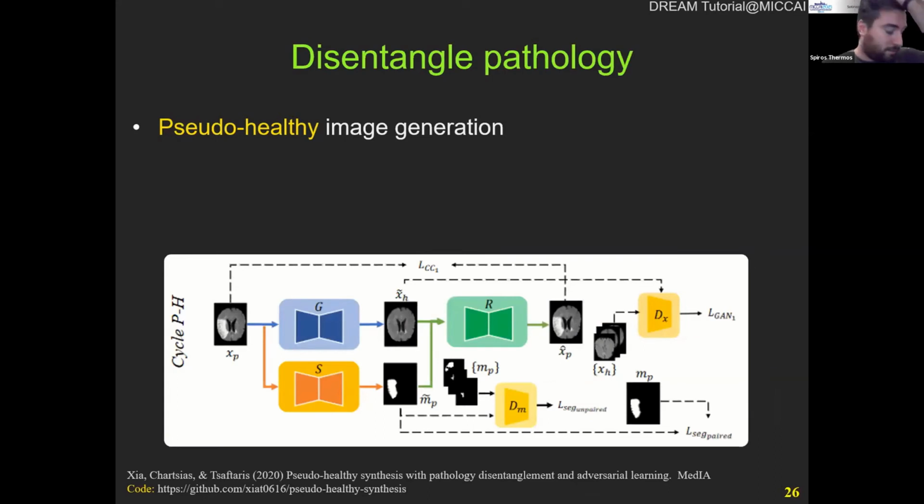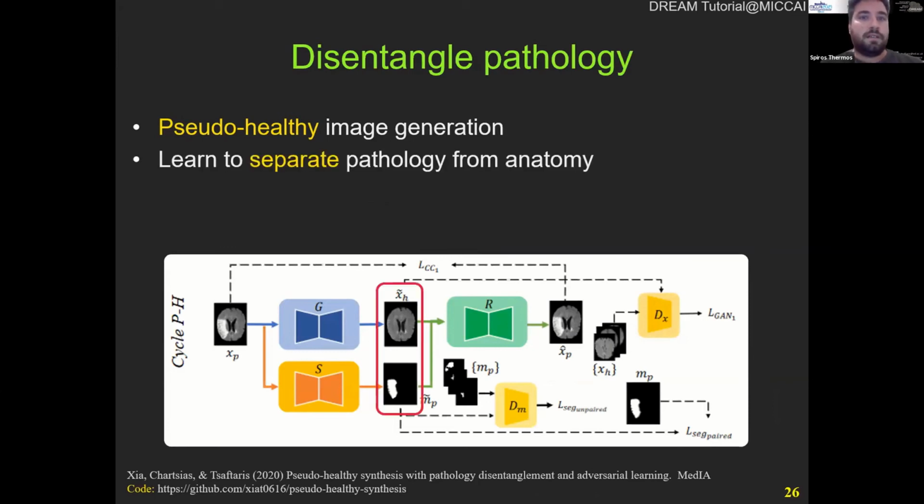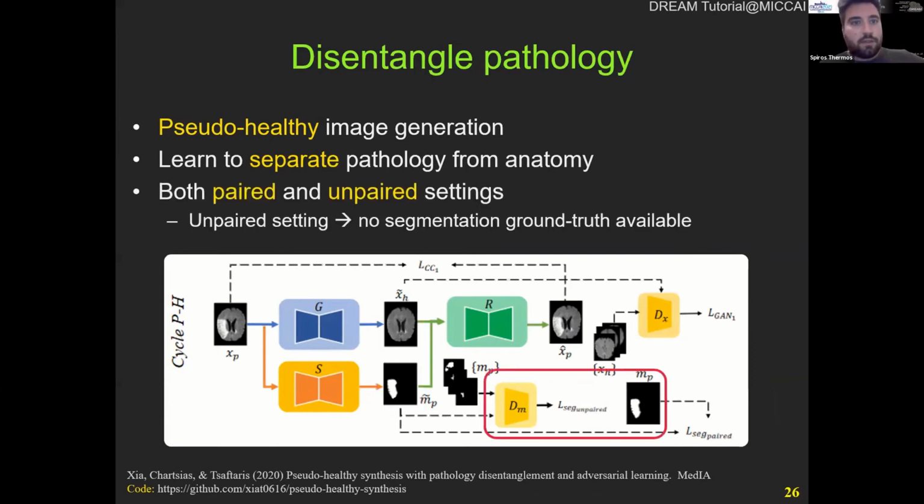So another synthesis approach is about how to disentangle the pathology from the anatomy. Here we discuss pseudo-healthy image generation, and we learn to separate the pathology from the anatomy.